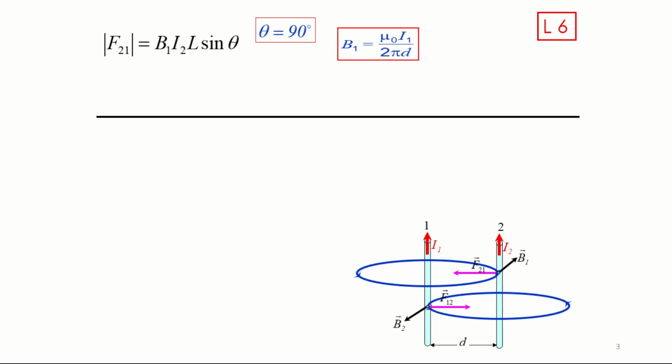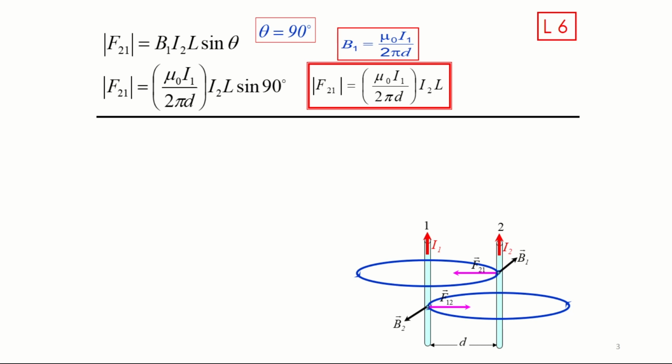We substitute into the equation for F21, so you get F21 equals mu naught I1 divided by 2 pi d times I2 L sine 90 degrees. Sine 90 degrees equals 1. So the magnitude F21 equals mu naught I1 divided by 2 pi d times I2 L, and the direction of F21 is to the left or towards conductor 1.